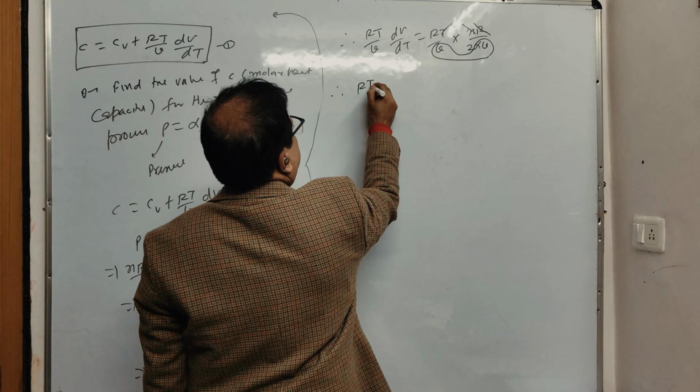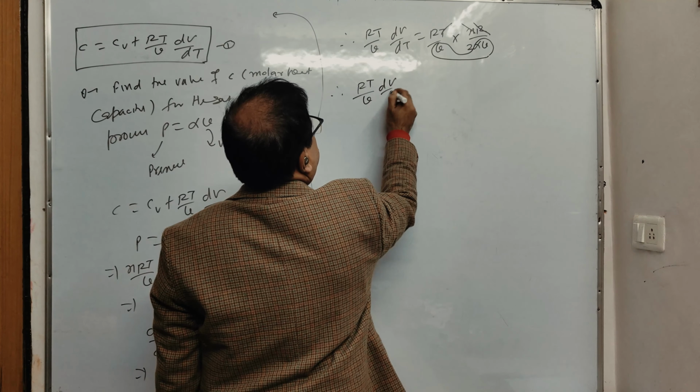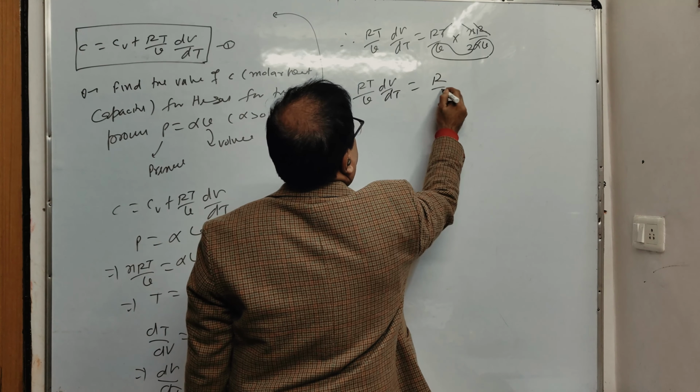Therefore RT by V dV by dt is equal to how much? R by 2.